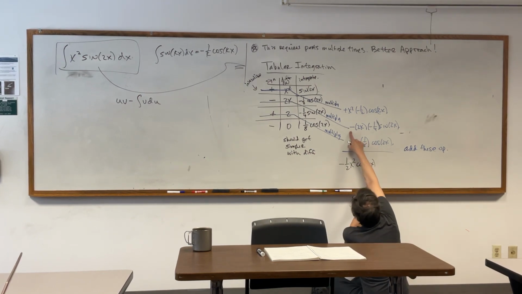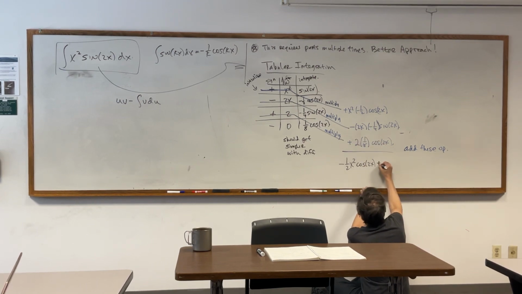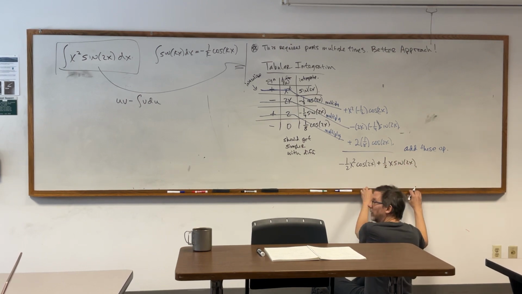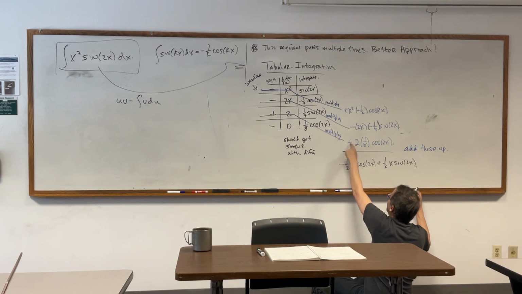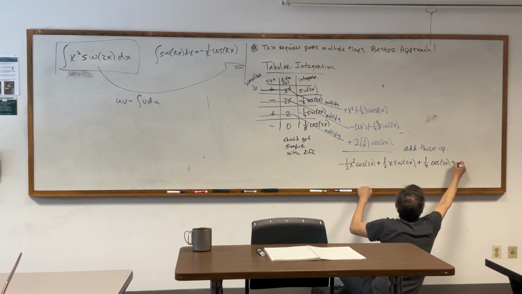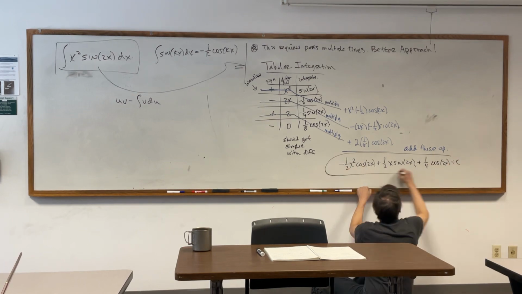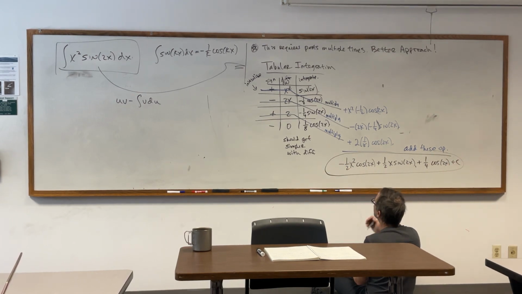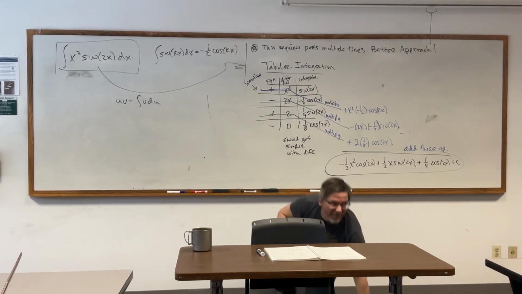This becomes negative, so the result is a positive. 2 times 1/4 is 1/2. So plus 1/2 x sine of 2x. And then plus 1/4 cos 2x. And now I'll tack on my plus c. And I'm done. Isn't that sweet?